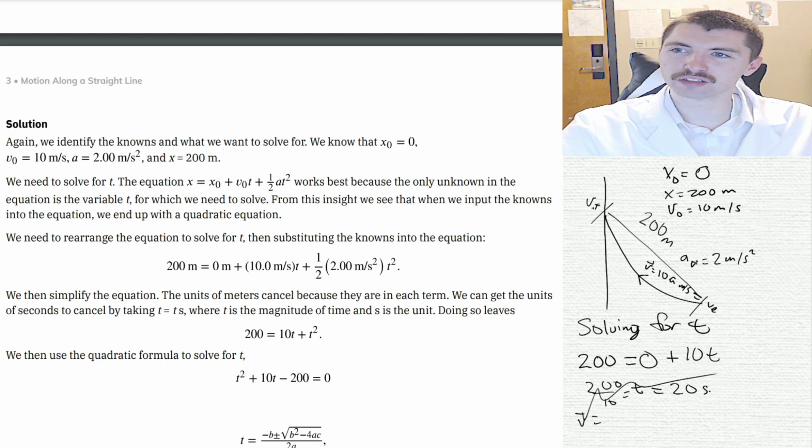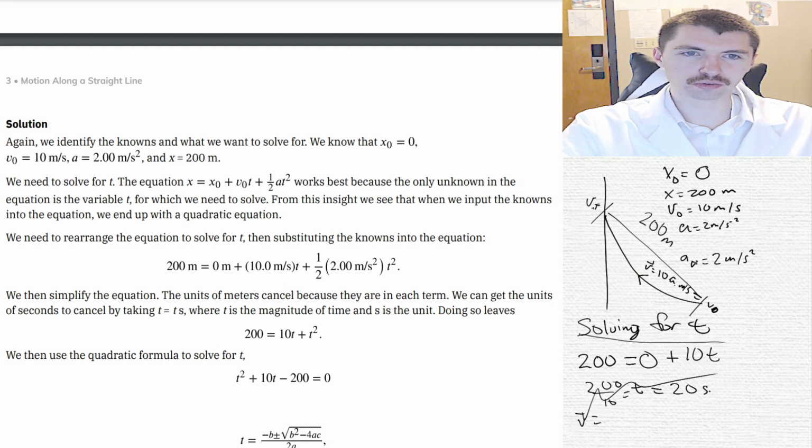That's v end. Should say v naught, and then v final. Acceleration is pretty easy to guess. And x, okay, I wrote that twice. We have 4 knowns. Solving for t, like I said.